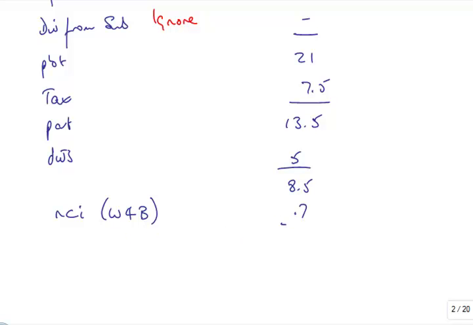I'm going to give the non-controlling interest their share, and that's going to leave me with 7.8. Any chance you can prove that? That should be the figure at the bottom of working 3.